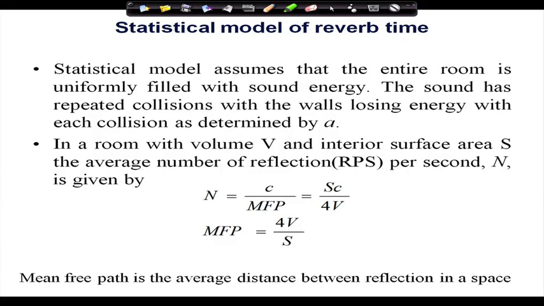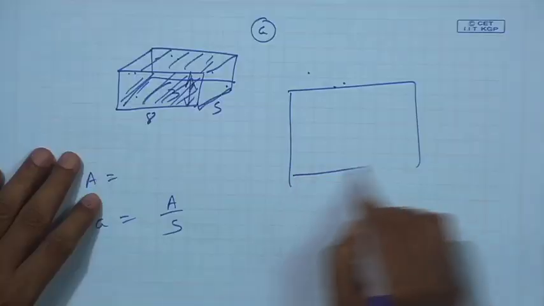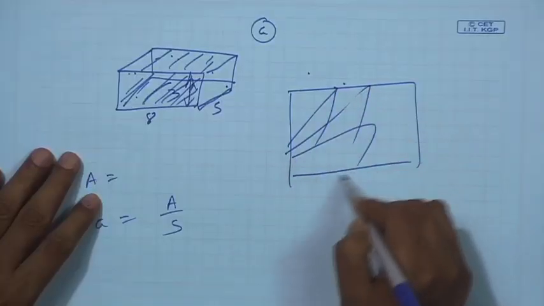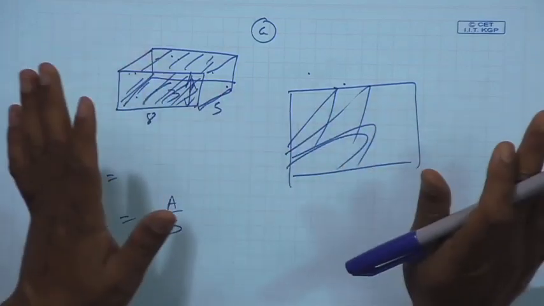Now, I come to the growth of the sound field. Suppose I have a room, multiple reflections come. There are a lot of reflections, and I say the number of reflections is statistically significant, such that at any point of that room the average number of reflections is the same. Okay.